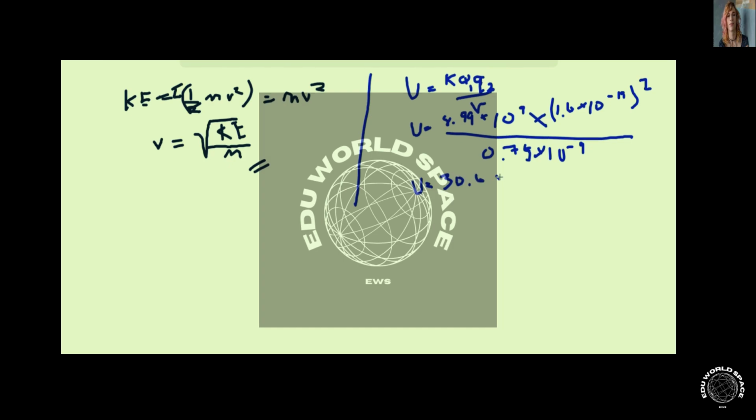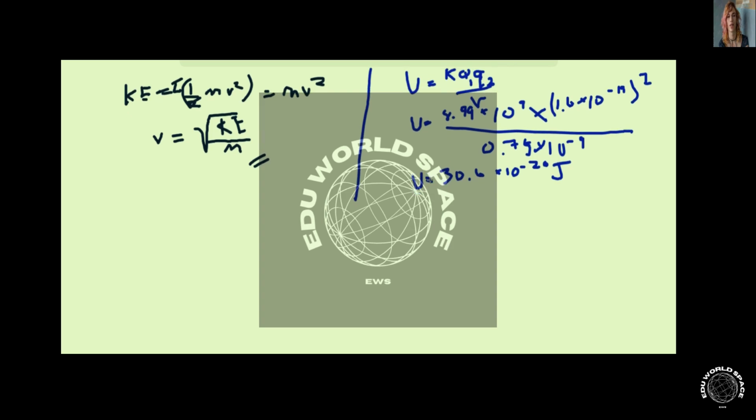times 10 to the negative 20 joules. Because we know that the maximum speed occurs when all of the potential energy is converted into kinetic energy, this potential energy is equivalent to the kinetic energy in this expression. If we use these values in this expression, we get the maximum velocity, since we already know the mass of the two protons.